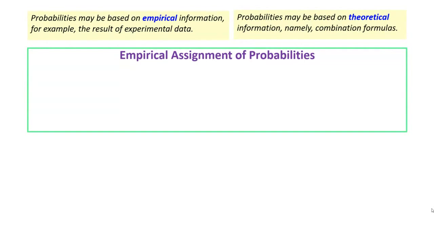And here's the first definition of empirical probabilities. The probabilities can be empirical or theoretical. Probability may be based on empirical information, for example, the result of experimental data. Then it is called an empirical probability. Probability can be based on theoretical information, as with cards or with rolling a fair dice.